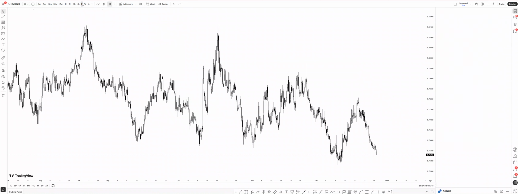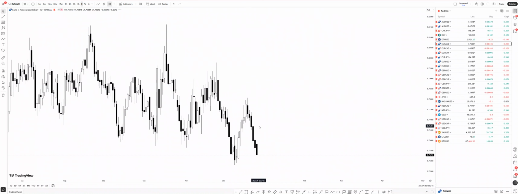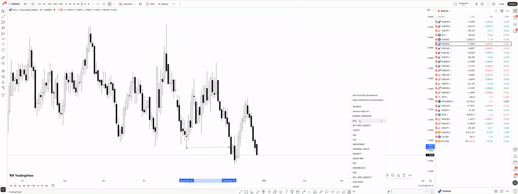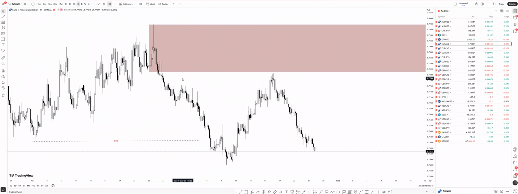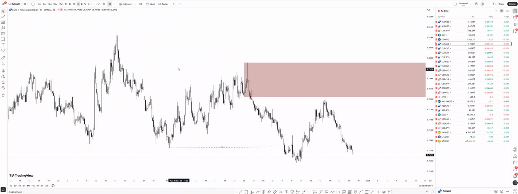We're starting with some examples. We have a daily break of structure on the daily time frame. We will draw the order block on this area on the daily time frame, and now we will look at the H4 time frame and wait for the breakout market structure shift.